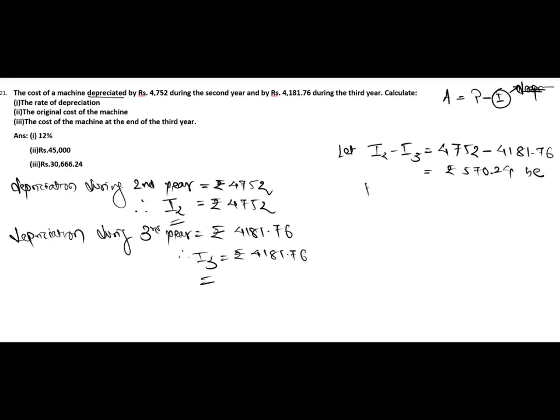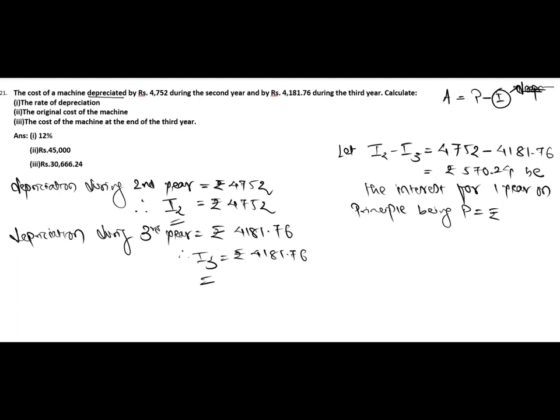B, the interest for 1 year on principal being P, is equal to rupees. What will be the principal? The principal will be the amount of the previous year.